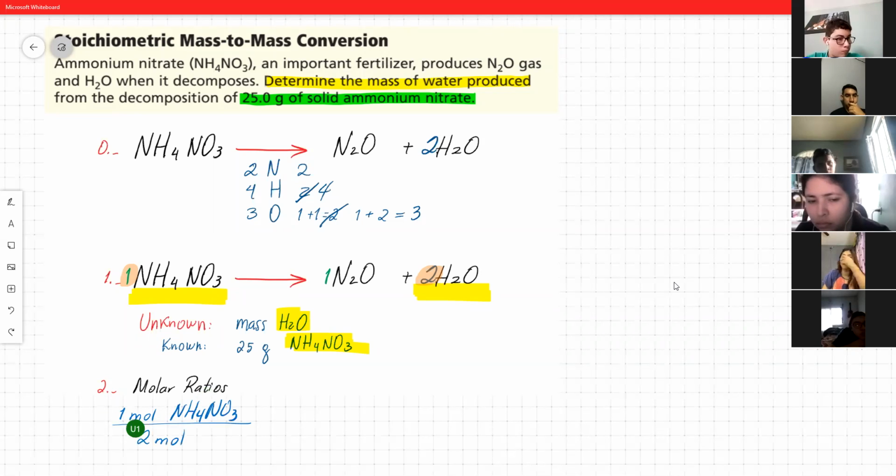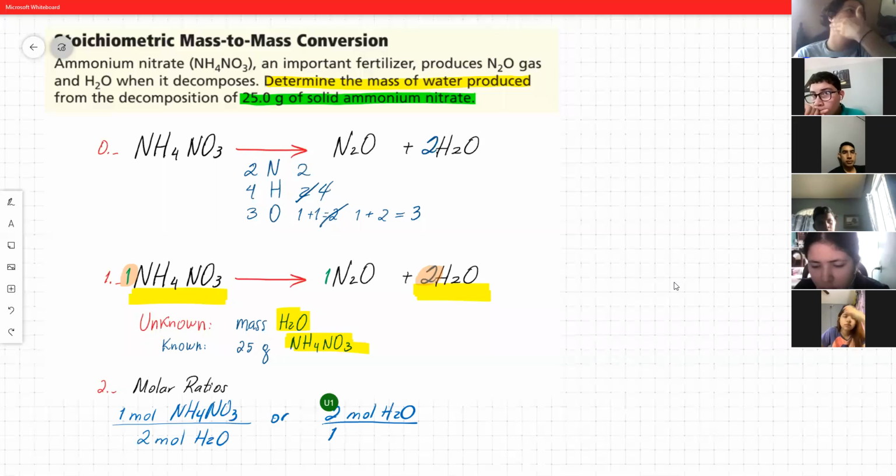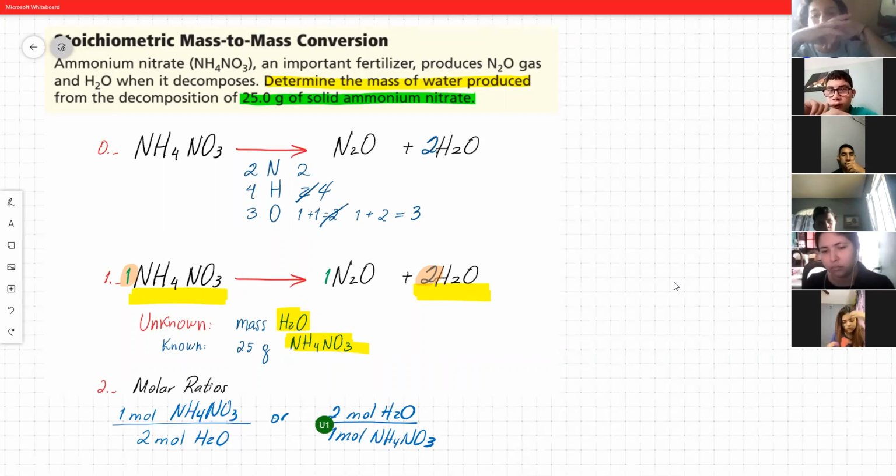Remember that the number of moles is defined by the coefficient. Okay? So that could be 1 molar ratio, and the other could be 2 moles of water divided by 1 mole of ammonium nitrate, like that. Those are the two possible molar ratios.